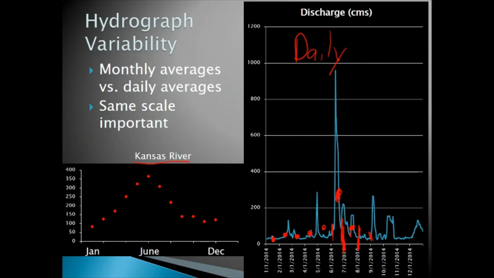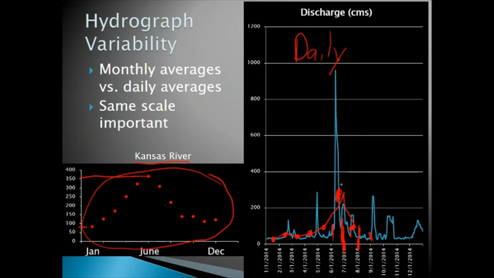But what you're going to do is connect these lines, and you get a loss of resolution that looks something like this over here. These are monthly averages. So you basically repeated, every January what we see is somewhere around 75 cubic meters per second. In June we see somewhere around an average of 350.